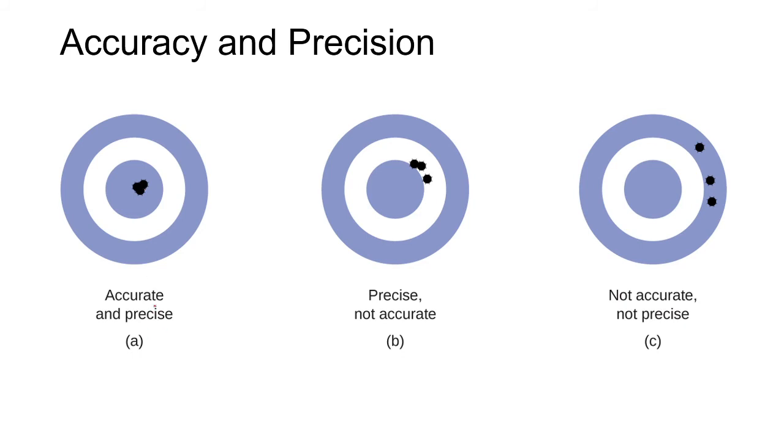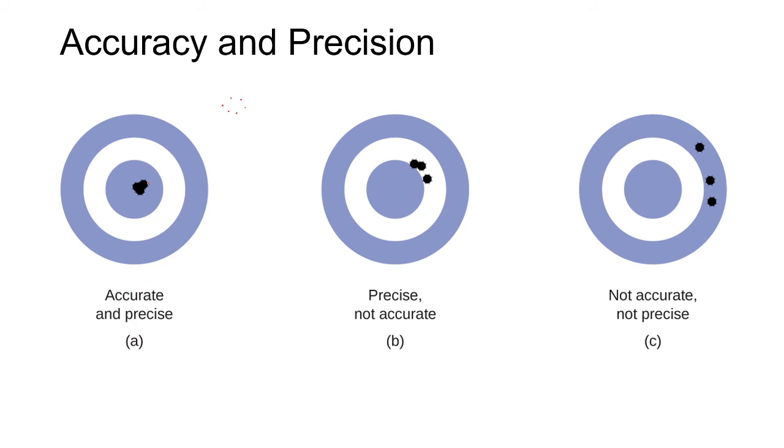Precision then lies when, if I do multiple readings, how close are those readings going to be to one another? So precision is how close the bullets or the darts are to one another. Accuracy is how close are they to the center, right? Do they mean what they should mean? And then precision means, is it replicable? Is it going to give me the same results over and over again?